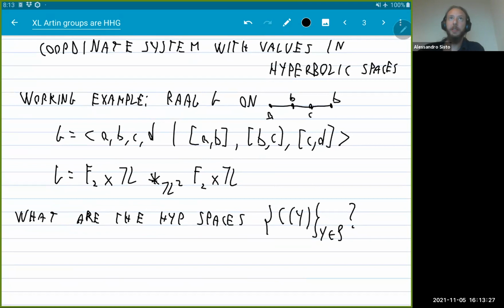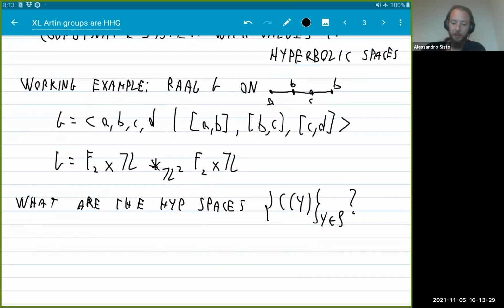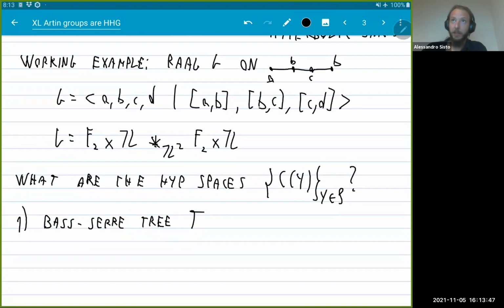And there are three types. So there's type 1: the Bass tree, which I'm going to call T. It's a tree, so in particular, it's hyperbolic.